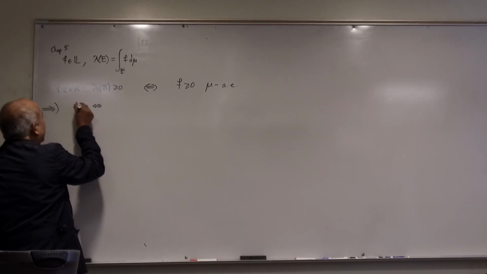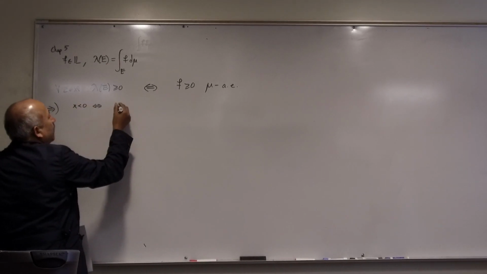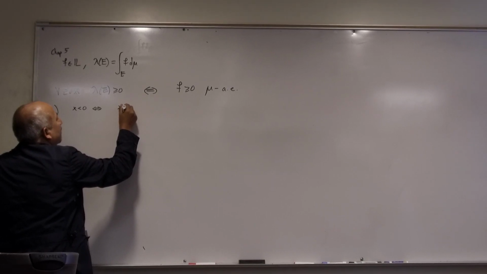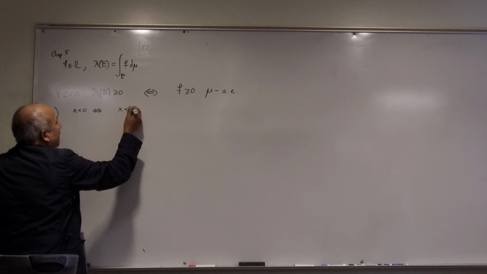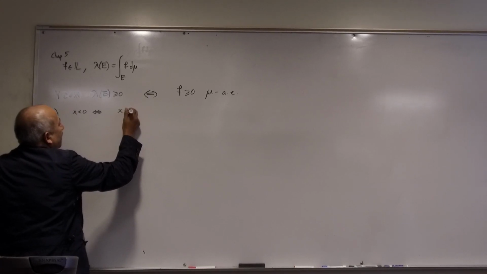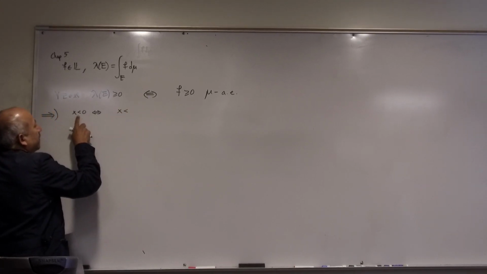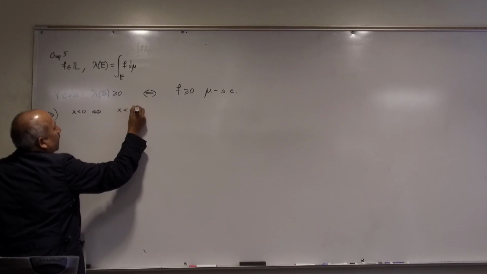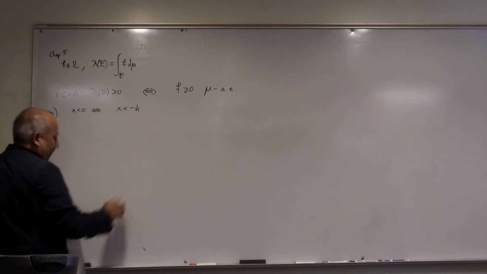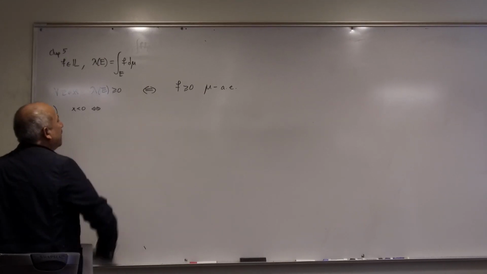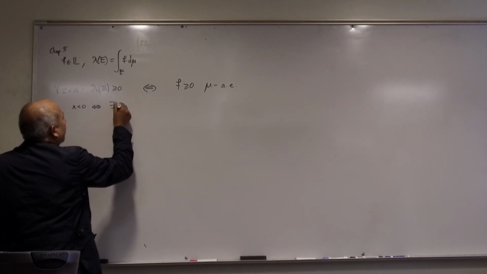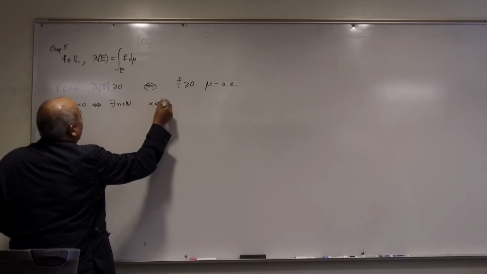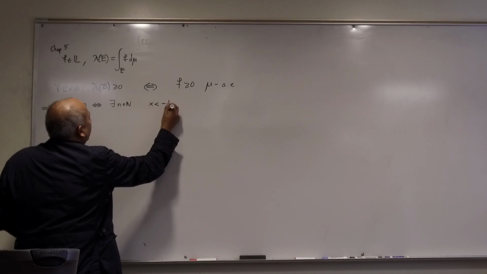A number x is less than 0 if and only if there is an n such that x is less than -1 over n.